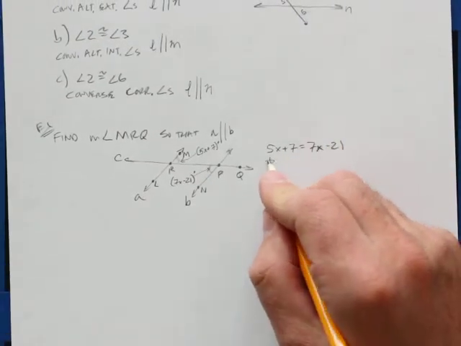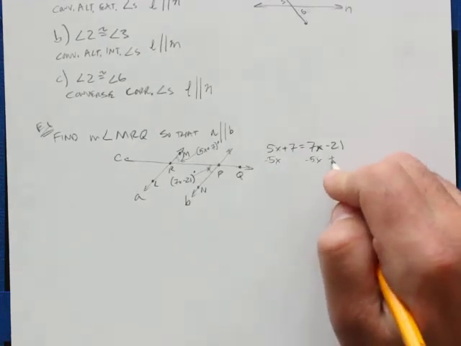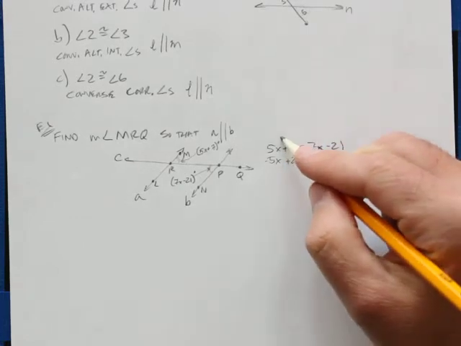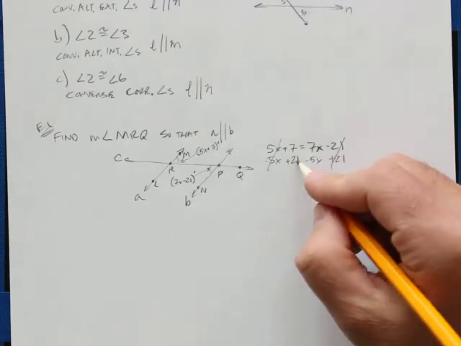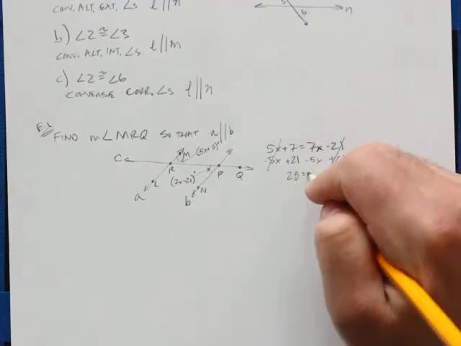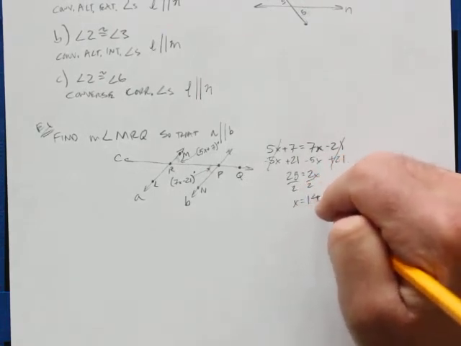So I'm going to subtract 5x from each side. And since we're in geometry, I can do kind of two steps at one time. So the 5x's go away, the 21 goes away, and now I've got 21 plus 7, which is 28, equals 2x, divide both sides by 2, x equals 14.